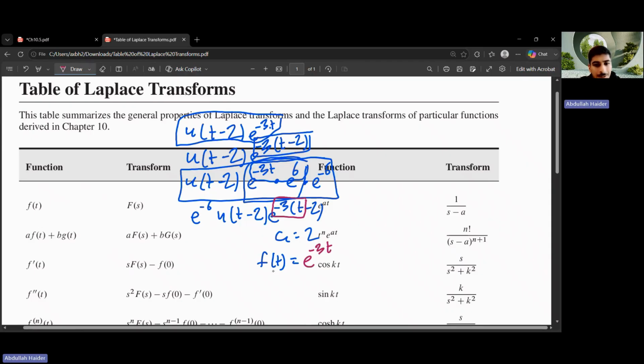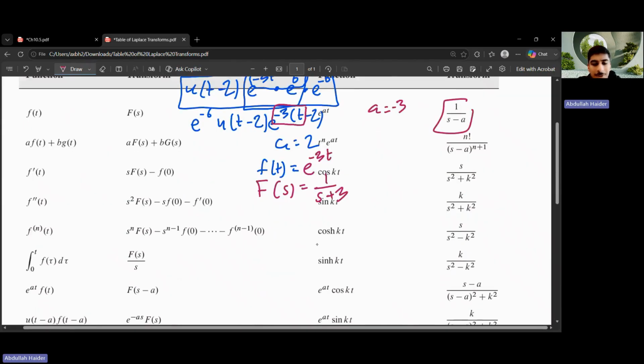So f(t) is e^(-3t). And if you want the Laplace of this, we already have it: a is -3, so 1 over s minus (-3) is s+3. So our final answer in this case is e^(-6) multiplied by e^(-2s) times 1 over s+3.